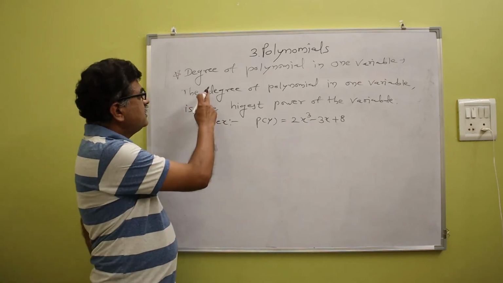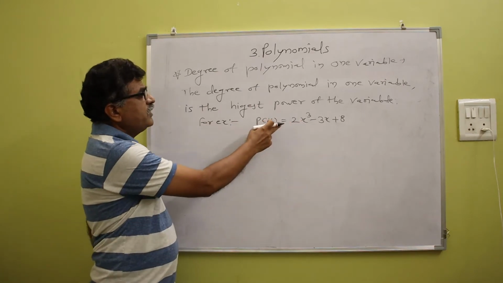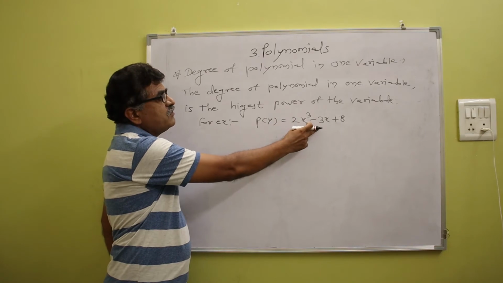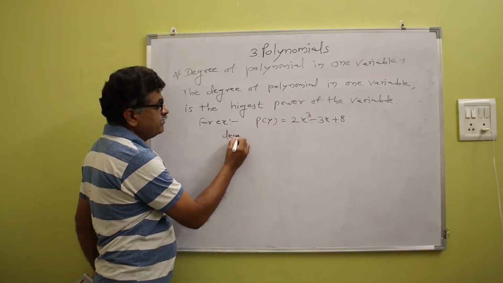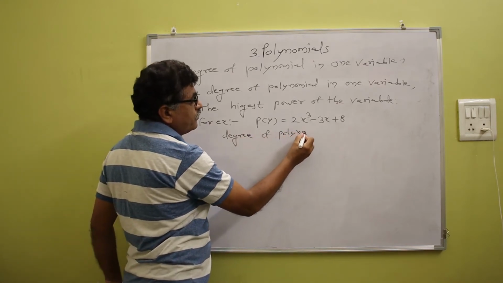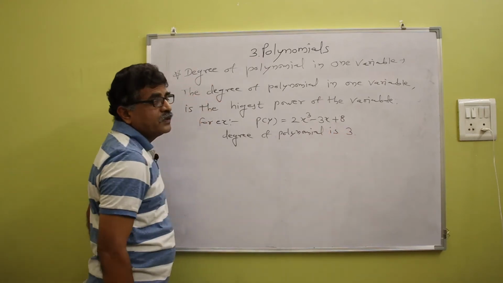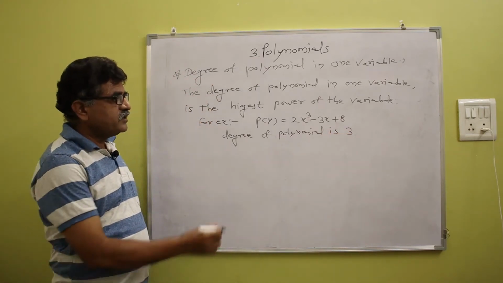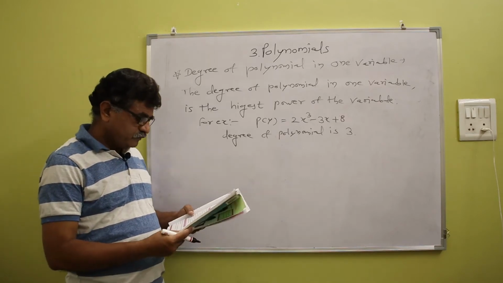Its highest power of the variable is 3, therefore the degree of the polynomial is 3. That is, the highest index is 3. Therefore the degree of this polynomial is 3.